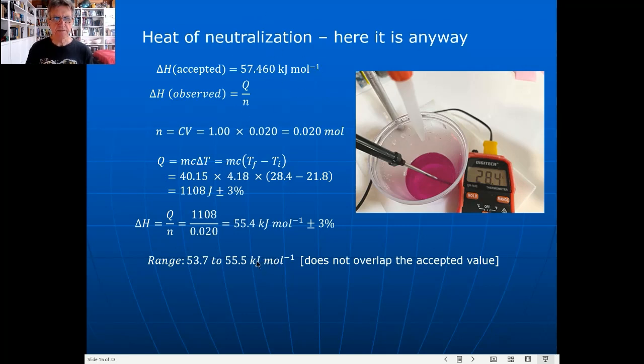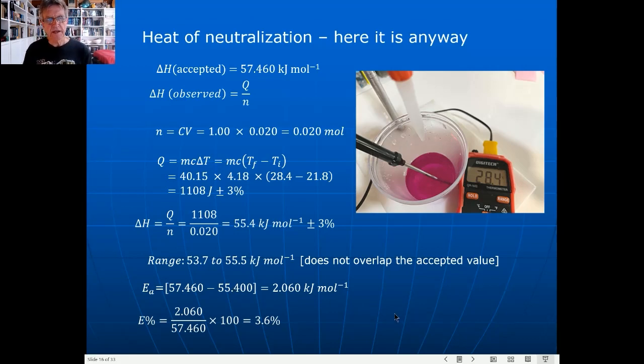Okay, the accepted value is just a little bit higher. So it's pretty good, we're pretty close. The error is about 2 kilojoules per mole. Just take the 2 away, and that's a percent of about 3.6% error. Now that's pretty good. Anything under about 5% in a student experiment for the error is considered pretty good.